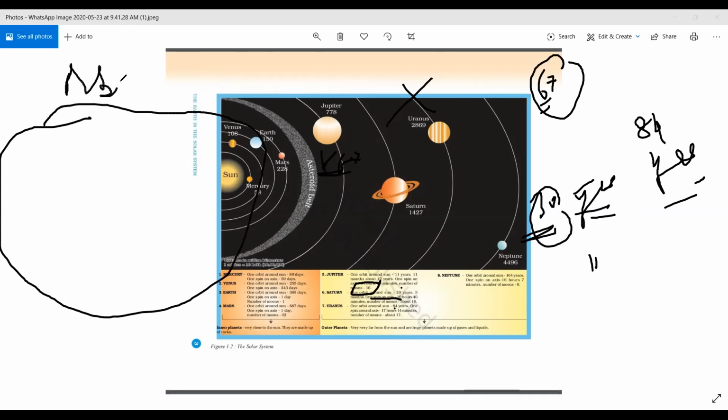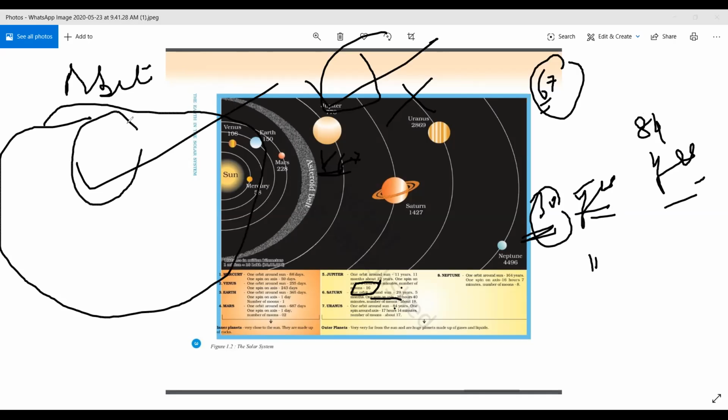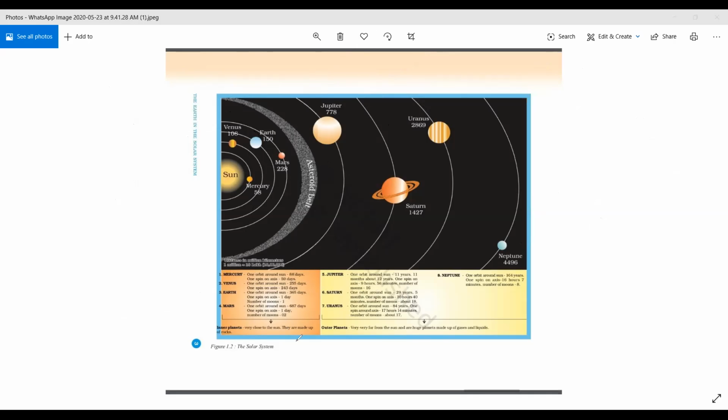If you compare the orbit of Earth and the orbit of Jupiter, you'll see a very big difference. The orbit of the Earth is much smaller because it's much closer to the sun. But for Jupiter, this much. Can you see the radius? I'll show you when I take a white pen.